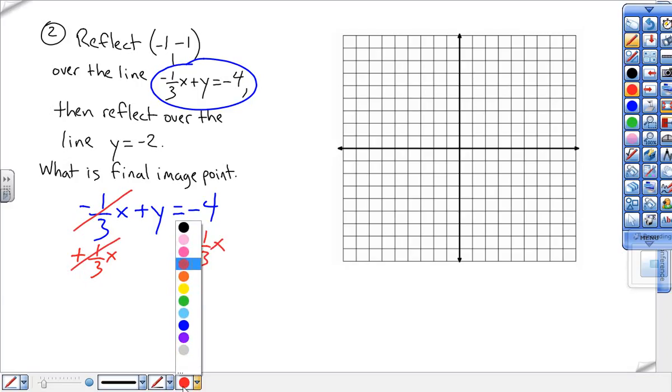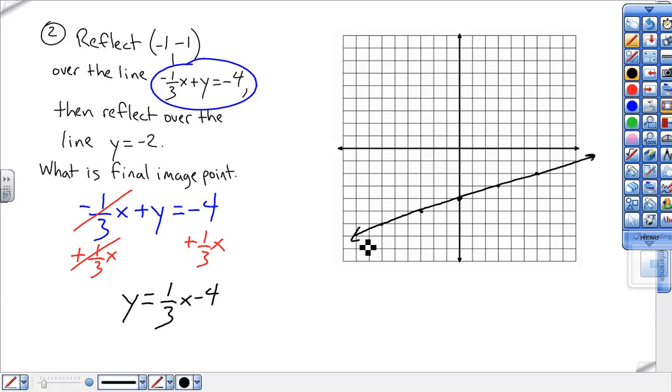Now I have y all by itself equal to 1/3 x minus 4. That has a y-intercept of negative 4. It has a slope of over 3, up 1. Over 3, up 1. Stair step both directions. Draw my line through it.